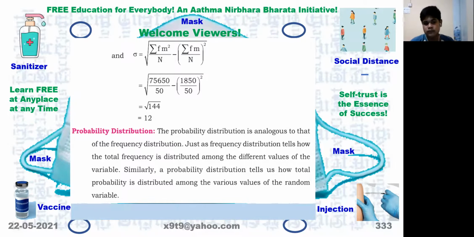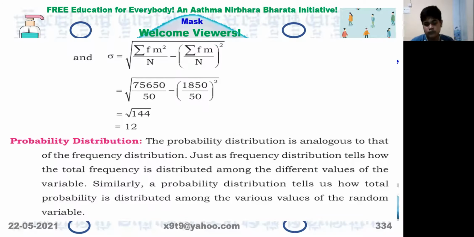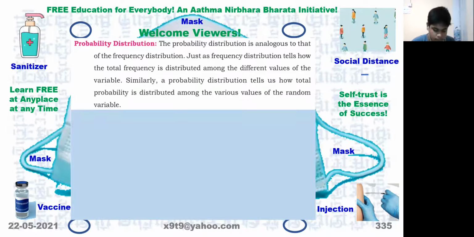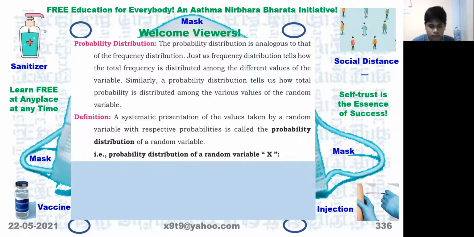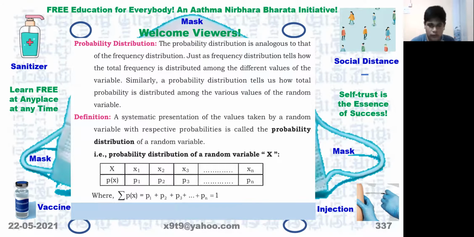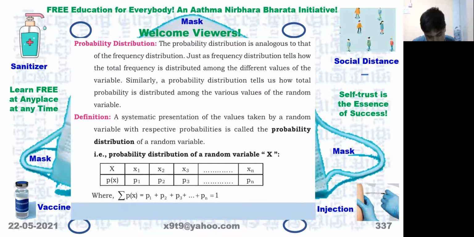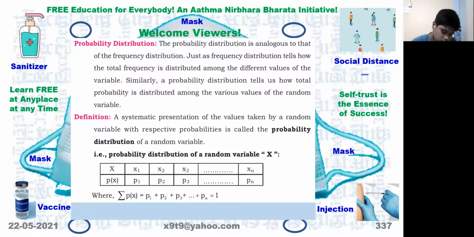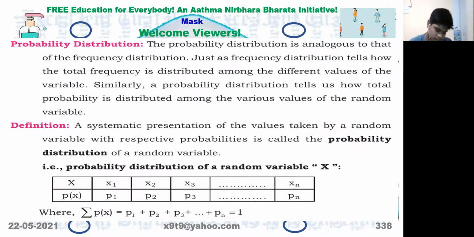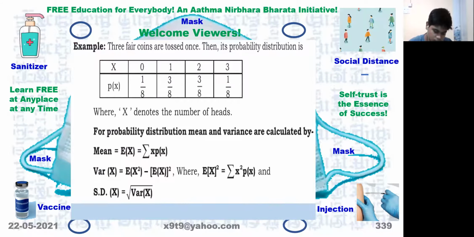Then only 1 coin may show the head, so next is 1. Then there may be 2 coins showing the head, so 2. Then all 3 may also be heads. So X values are 0, 1, 2, 3.